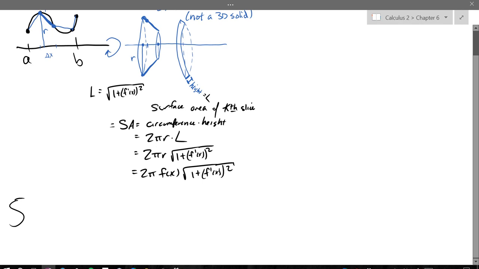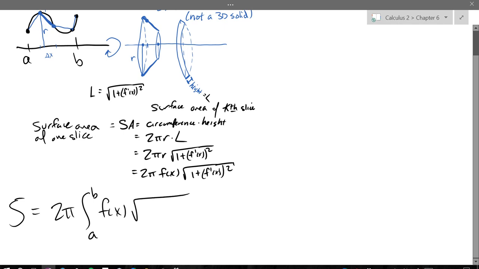So this SA right here is the surface area of one slice, not to be confused with the full surface area, where we're going to integrate all the slices together. It's going to be 2 pi integral a to b f of x square root 1 plus f prime of x squared dx.